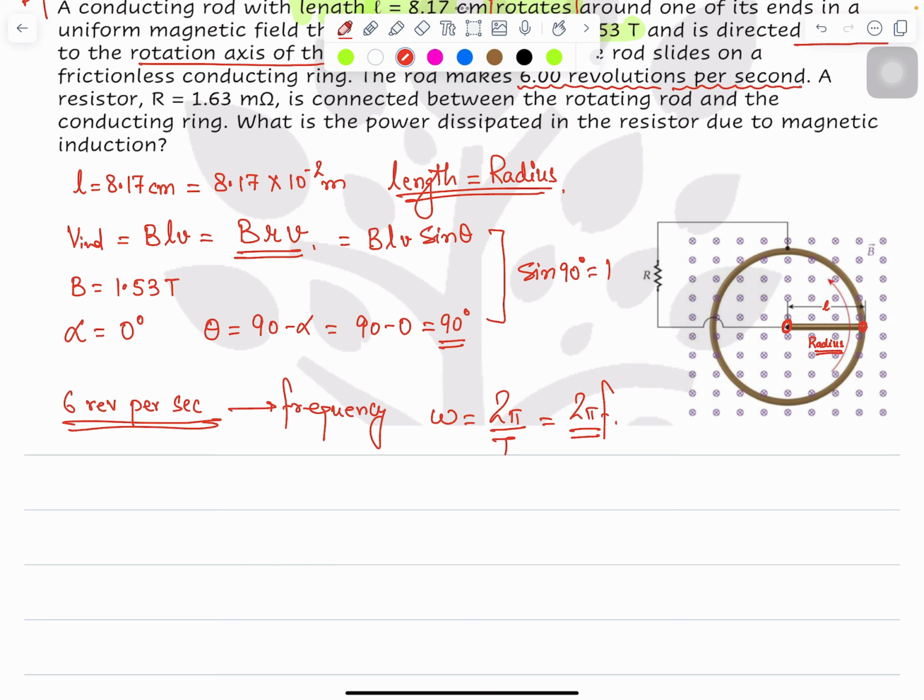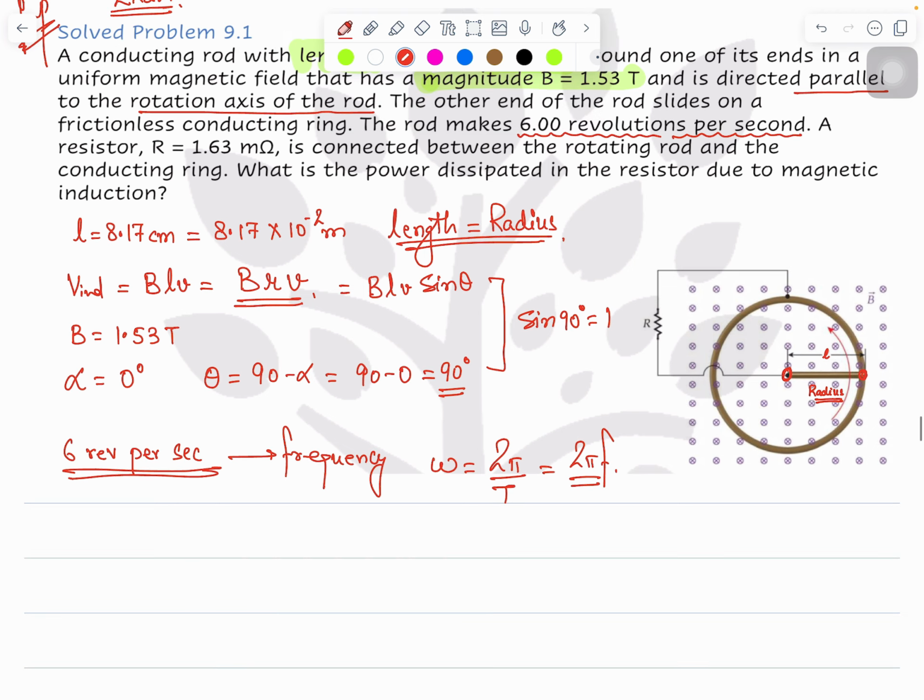Fine. Okay. Now, a resistor R is equal to 1.63 milli ohm. It means 1.63 times 10 raised to power negative 3 ohm.